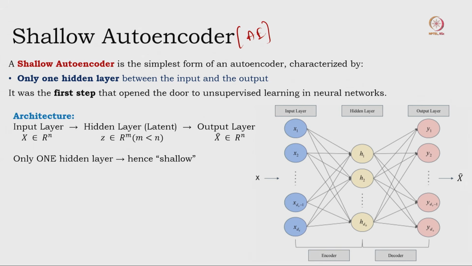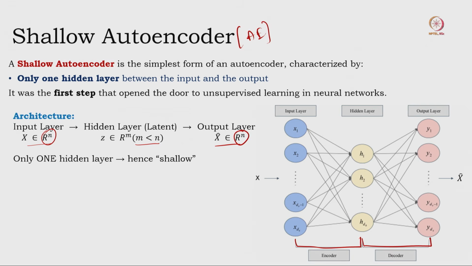This entire part we call the encoder, and this part we call the decoder. At the architectural level, the input x is passed to the hidden layer, and m is less than n, so it is an undercomplete architecture. You get an output, and the dimension of the output and the input should be the same.